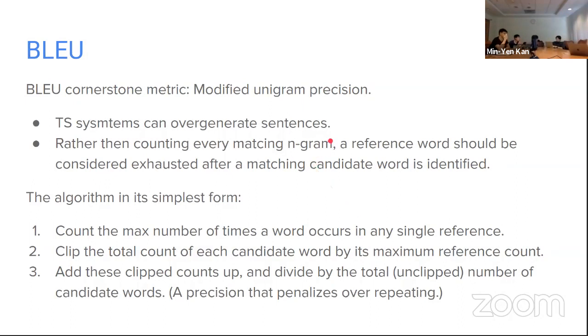To give you an example, let's say you have two references, and one goes "the cat is on the mat," and the second is "the boy is running." And let's say your summary is "the the the the the the the," with seven "the"s coming after each other.